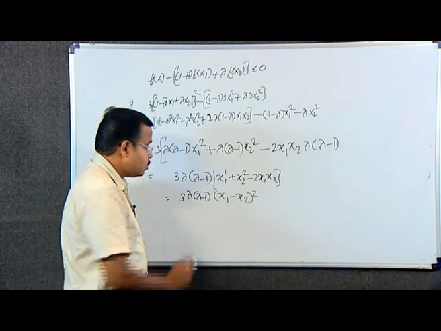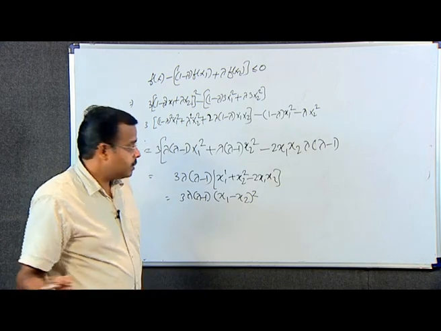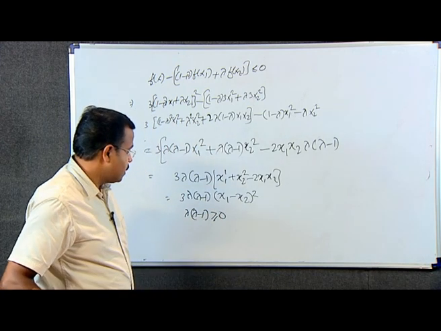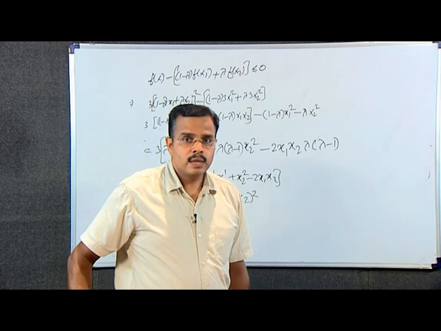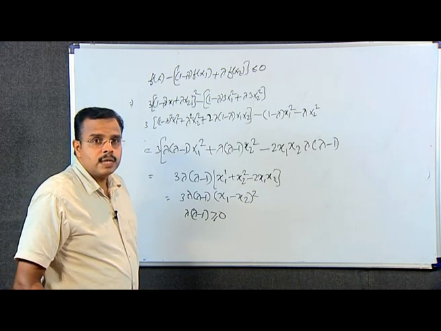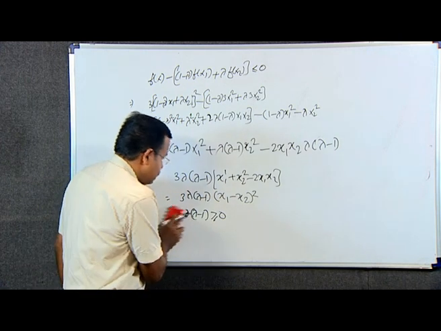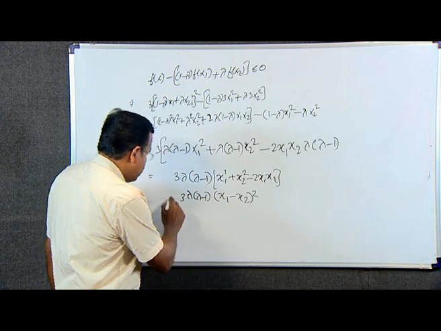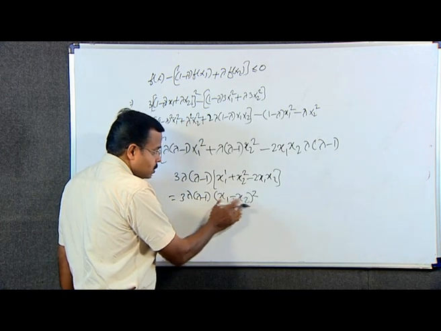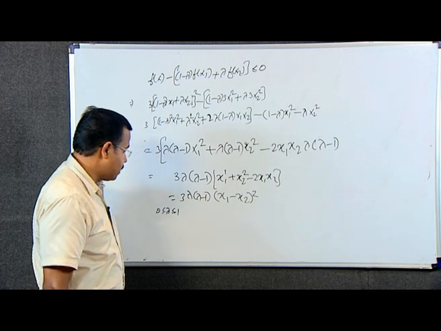Here, in 3 lambda (lambda minus 1) (x1 minus x2) the whole square, since it is a perfect square, (x1 minus x2) whole square is greater than or equal to 0, and lambda is such that 0 is less than or equal to lambda, which is less than or equal to 1.